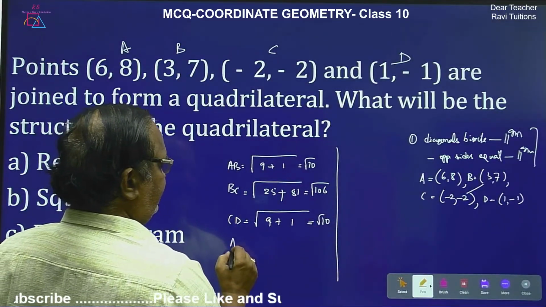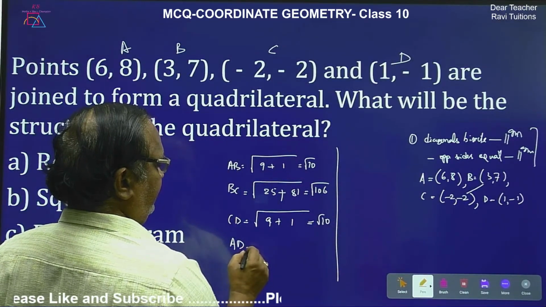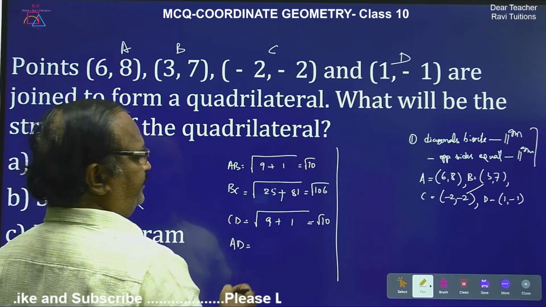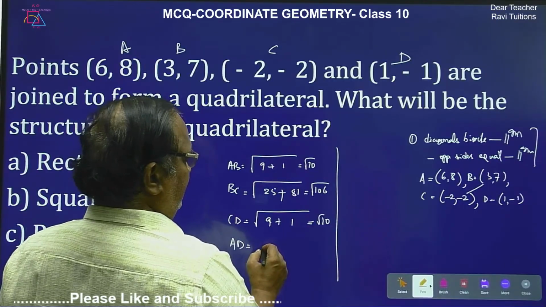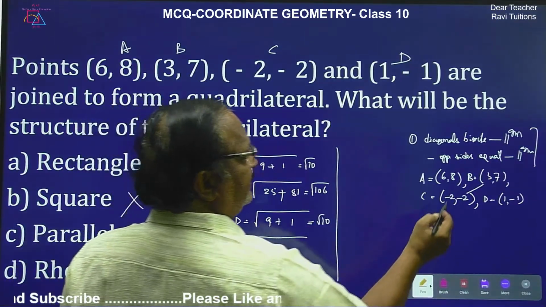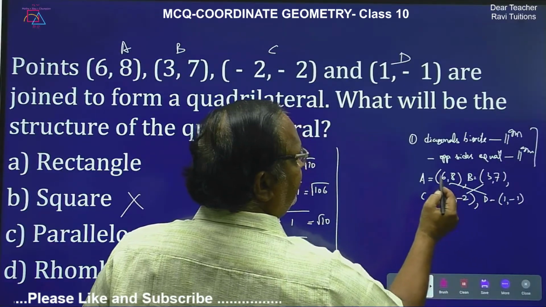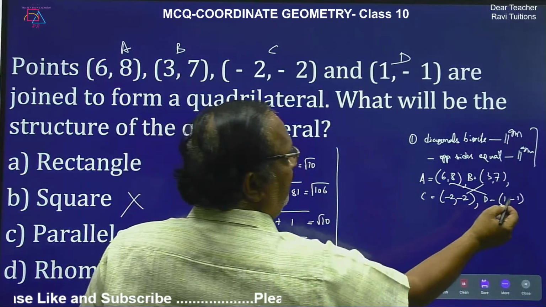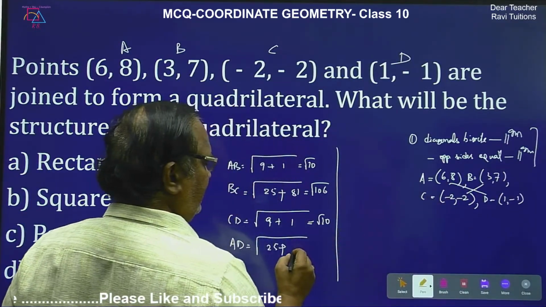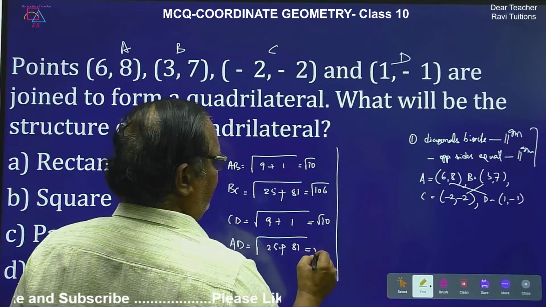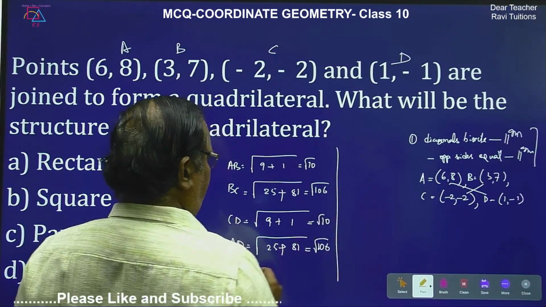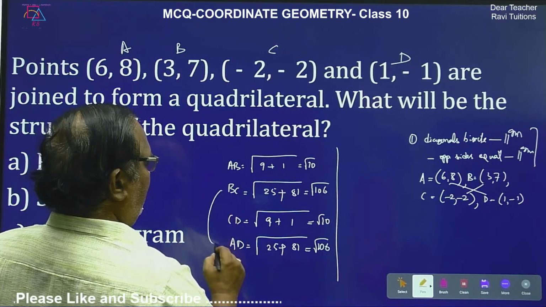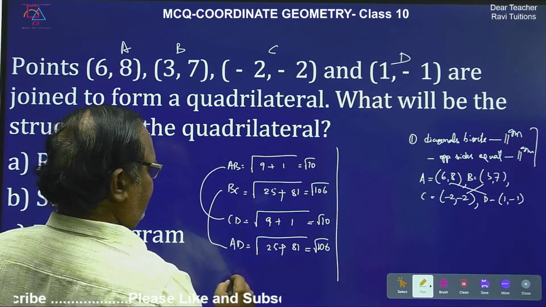So now AD. AB, BC, CD and AD. Okay. So then how much? AD means these two. 1 minus 6, that means minus 5 whole square is 25. Minus 1 minus 8, minus 9 whole square is 81, which is equal to 106. So then it is a parallelogram because opposite sides are equal. It is a parallelogram.